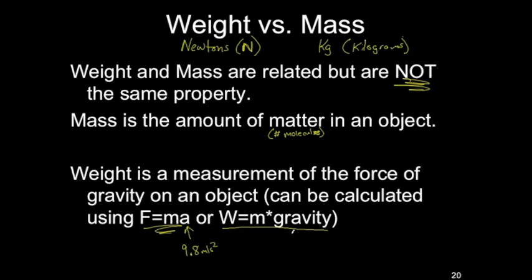So for instance, using those formulas, we talked about a 50 kilogram object in the last one, and we said the moon's gravity was 1.65, but we're going to use 1.64. That's about 1/6 of the Earth's gravitational pull.